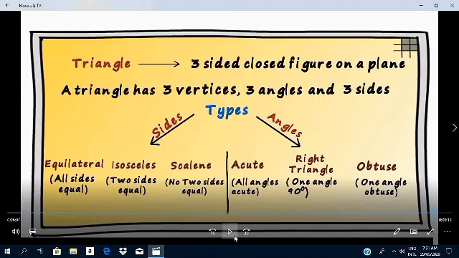Then identify them through their angles. We have acute, whereby you have all the angles less than 90. We have right triangle, where we have one angle as 90 degrees. And we have obtuse, where we have one angle greater than 90 degrees.